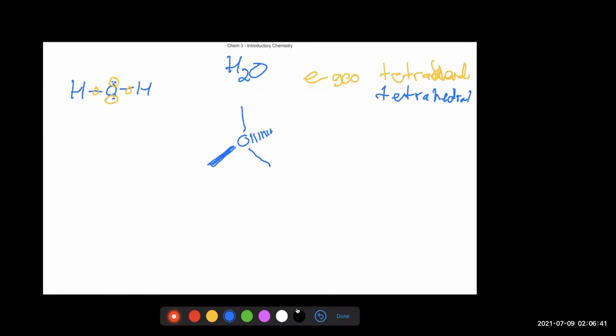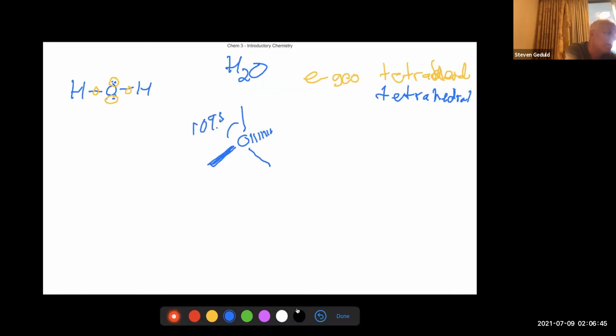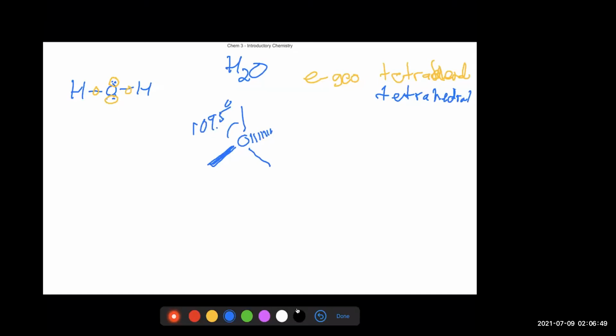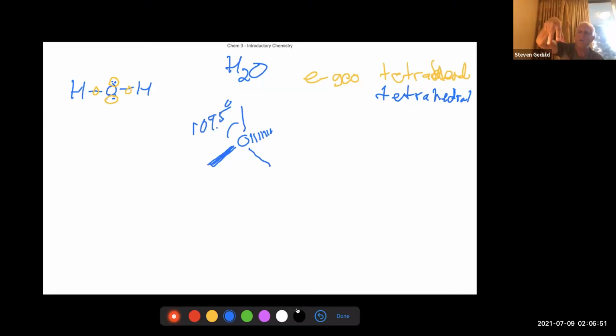But every one of these angles is 109.5 degrees. It looks like a pyramid with 3 points and then a line coming on top of it. That's how it's spread out. Okay, and that's called tetrahedral. Now, that's the electron shape. What's the molecular shape?